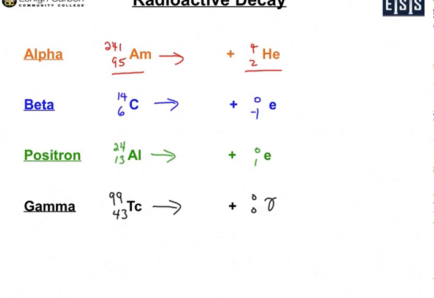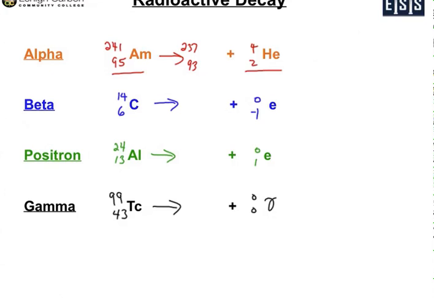So if we start with the protons, the 95, what we're going to result here is 93 protons because 2 of them go off with the alpha decay, and the mass number is going to go down by 4. So 237 is going to be your mass number.